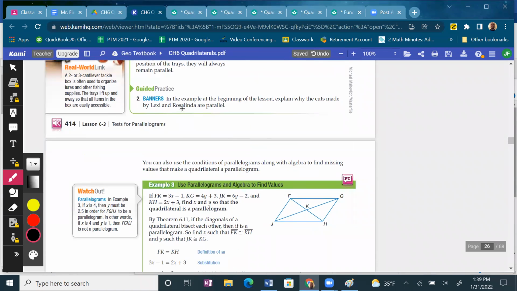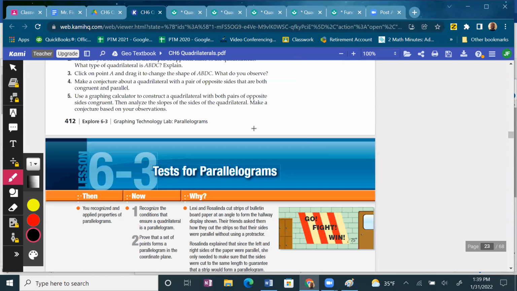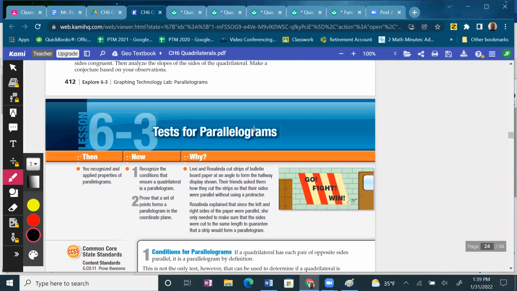All right. An example at the beginning of this lesson: explain why the cuts made by Lexi and Rosalinda are parallel. Lexi and Rosalinda cut strips of bulletin board paper at an angle to form the hallway display. Their friend asked them how to cut the strips so that their sides were parallel without using a protractor.